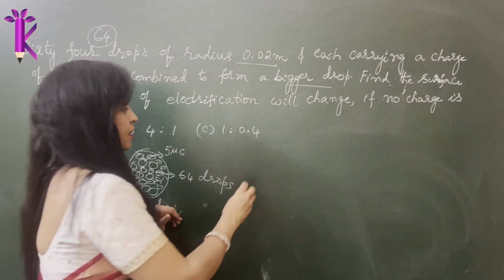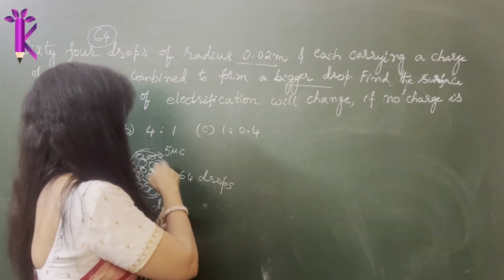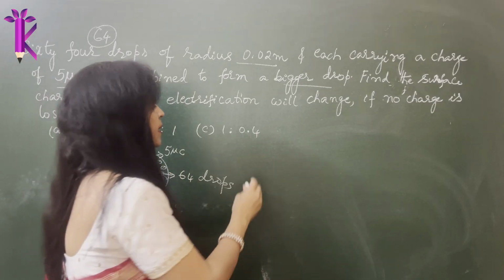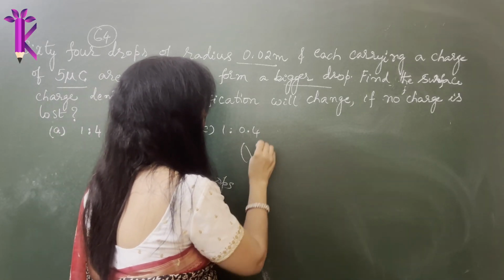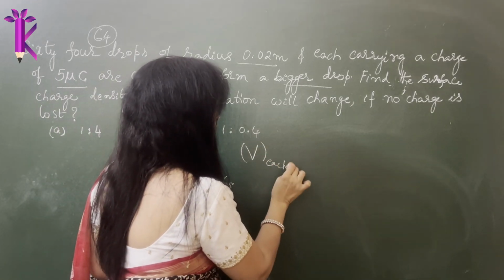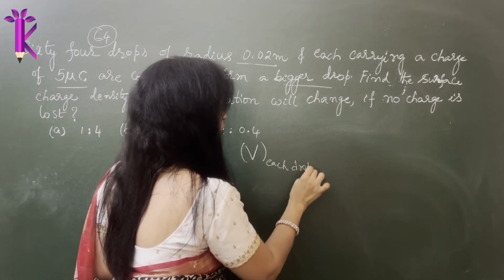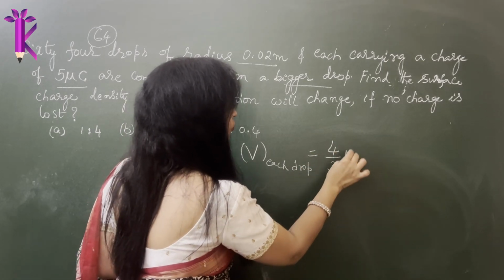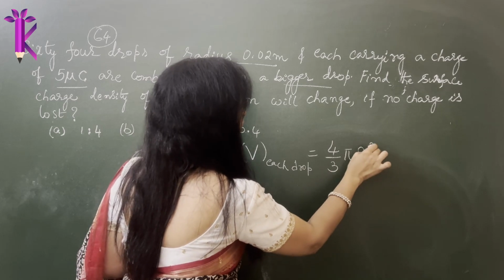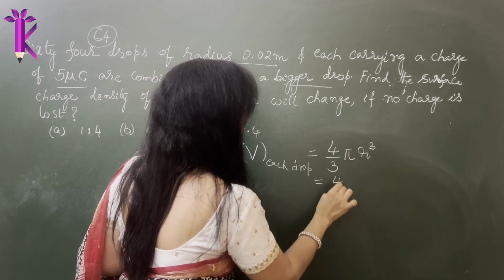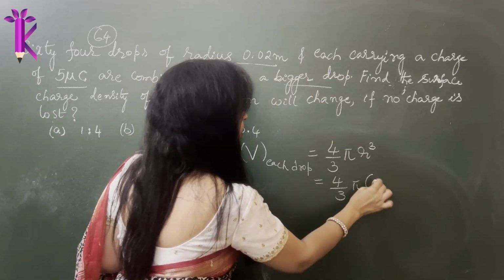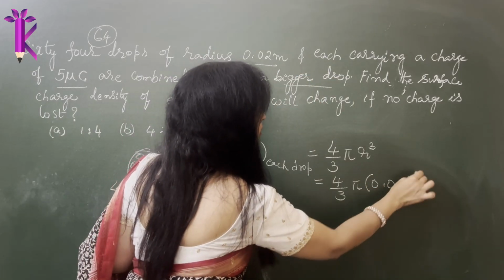Now let's first find out the radius of this big drop. We know the radius of each small drop, but we do not know the radius of the big drop. So what we will do is use the volume of each drop. Since it is assumed to be a sphere, the volume is given by 4 by 3 pi r cube. So that is 4 divided by 3 pi r cube, where the radius of each drop is 0.02, the whole cube.